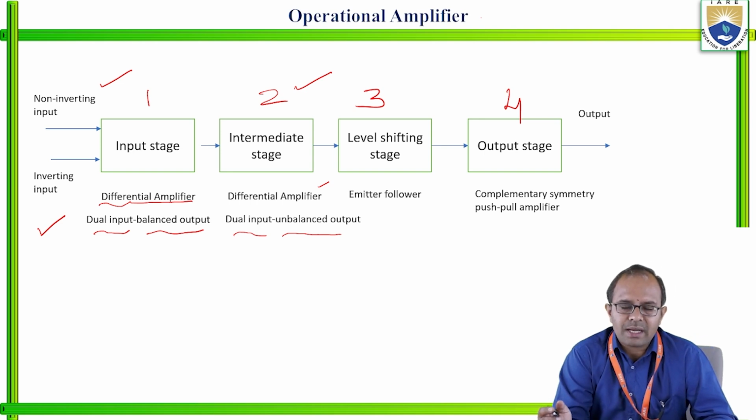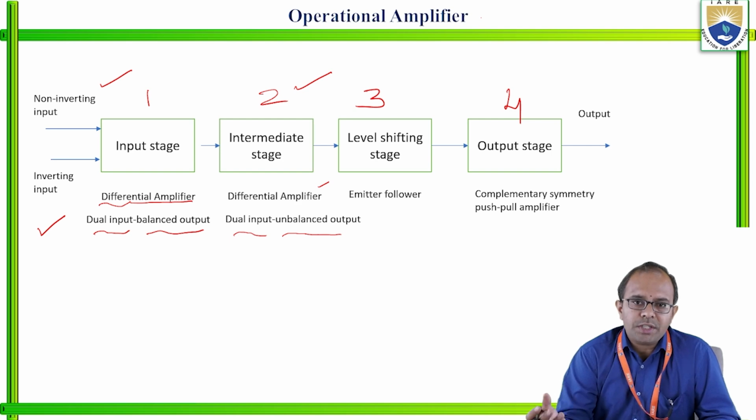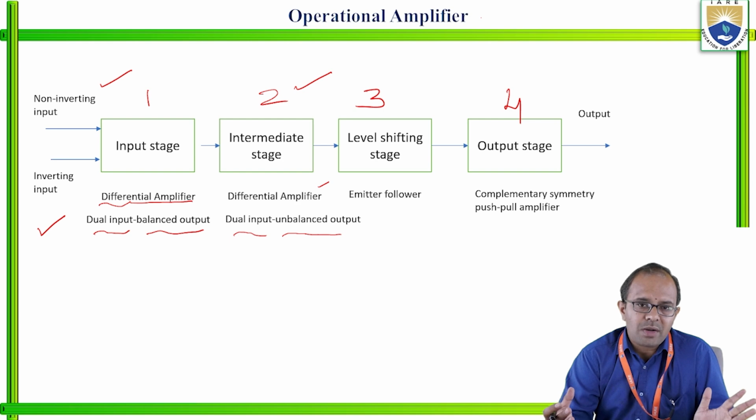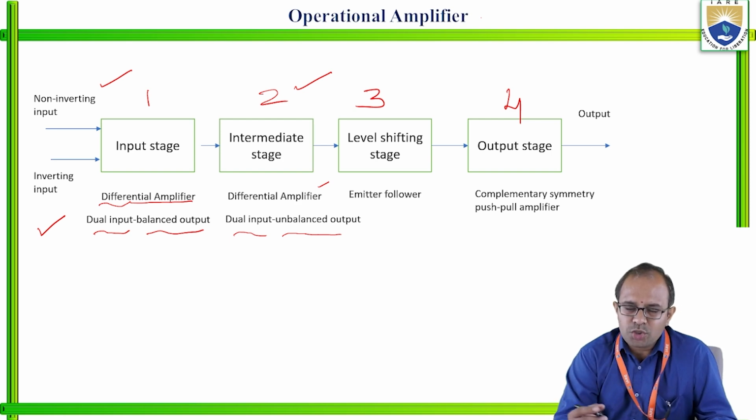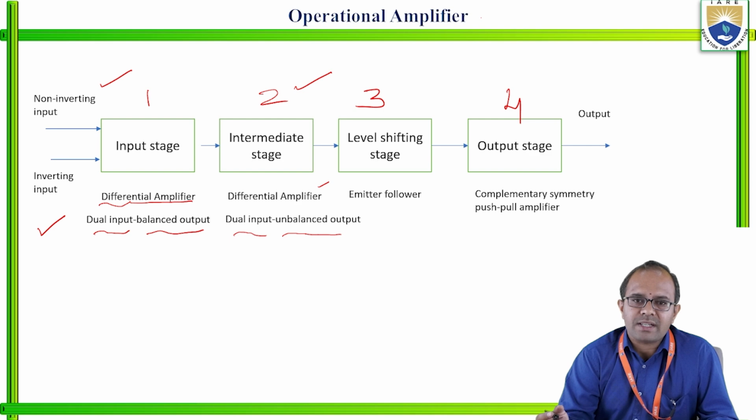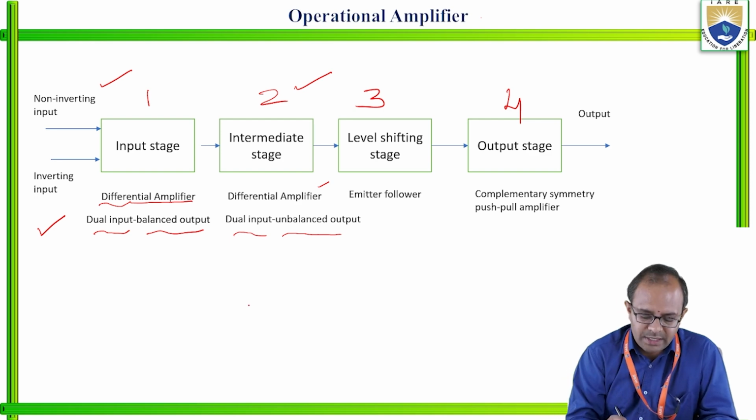What is meant by the unbalanced output? So no need to consider both the outputs. It is not required to have both transistors' output. It is enough to consider only one transistor output. Usually this differential amplifier consists of two outputs. We will call them VO1 and VO2.